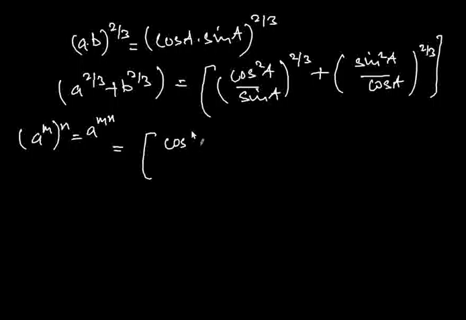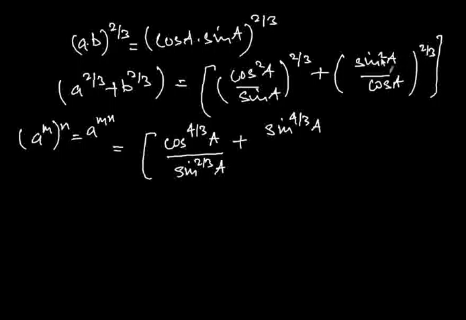cos to the power 4 by 3a, right? So that's 2 times 2 by 3, and sine is sine to the power 1, so 1 times 2 by 3, that's sine to the power 2 by 3a, plus this is going to be sine to the power 4 by 3a.